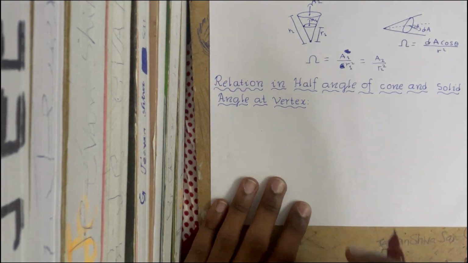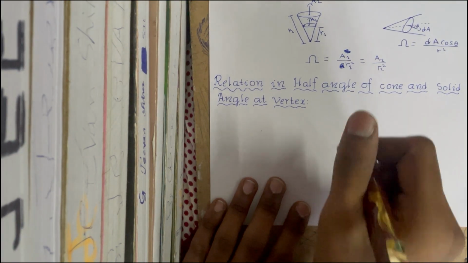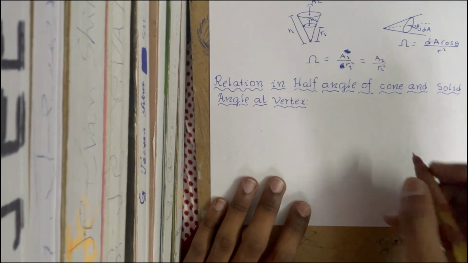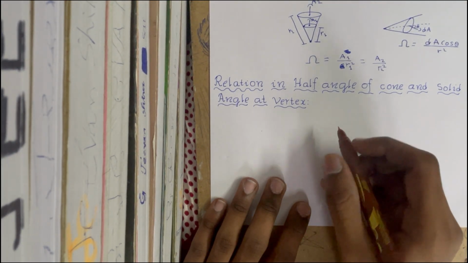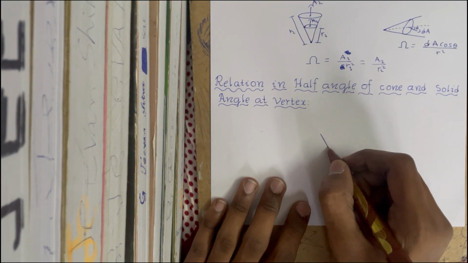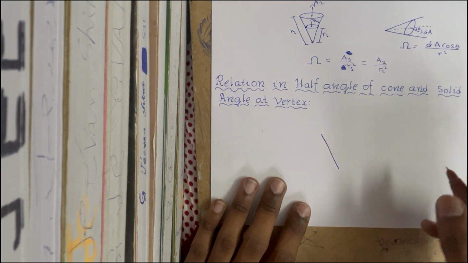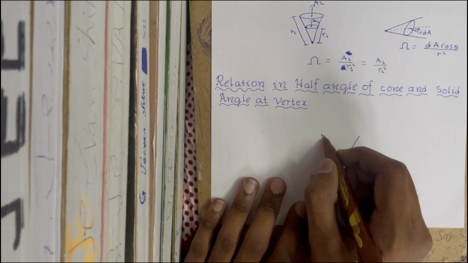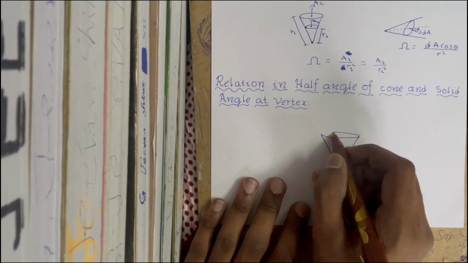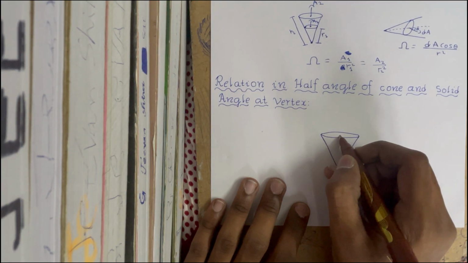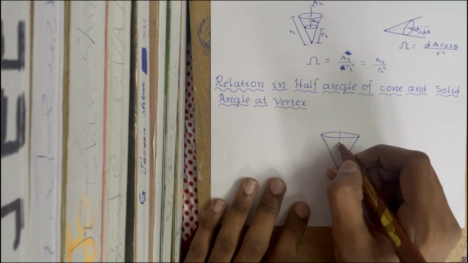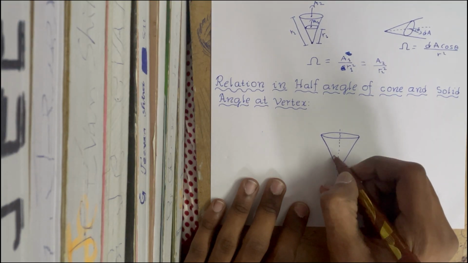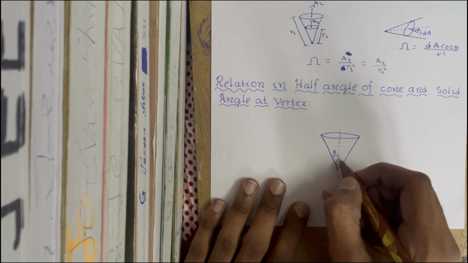Let us assume a cone like this, and this is theta and this is theta.